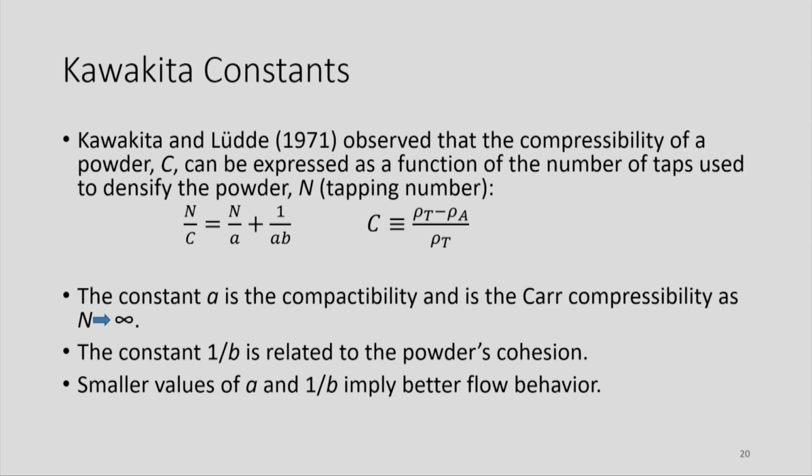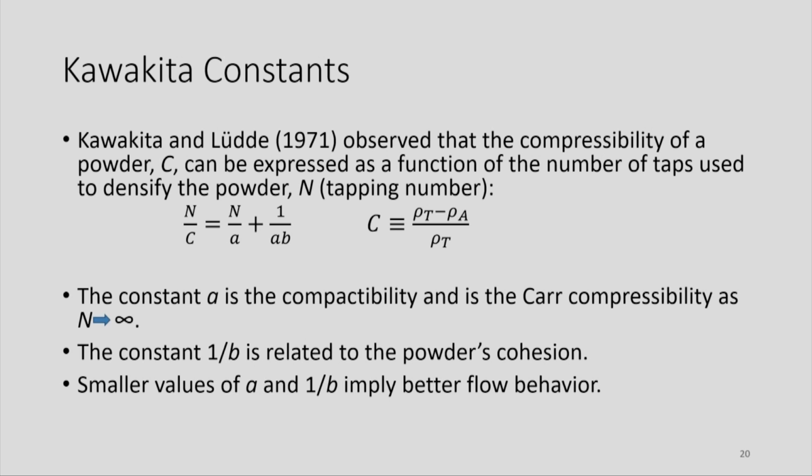They related the number of taps and the change in properties to flow behavior, cohesion, etc. N here is the number of taps, C is the compressibility or compactability of the sample, calculated from the tap density and the bulk density. If you know the tap density and bulk density, you can learn a little bit about flow properties and compressibility through N and these constants.